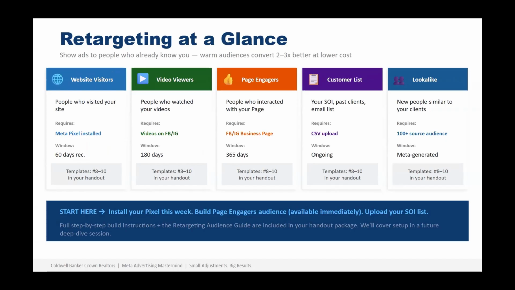There are other ways to do this, like putting a pixel on your website, or building your clientele through lead gen ads within the Facebook system over 30 days and then retargeting those people, right? So if you don't have a customer list or a sphere of influence, that's okay. You can build that sphere of influence.